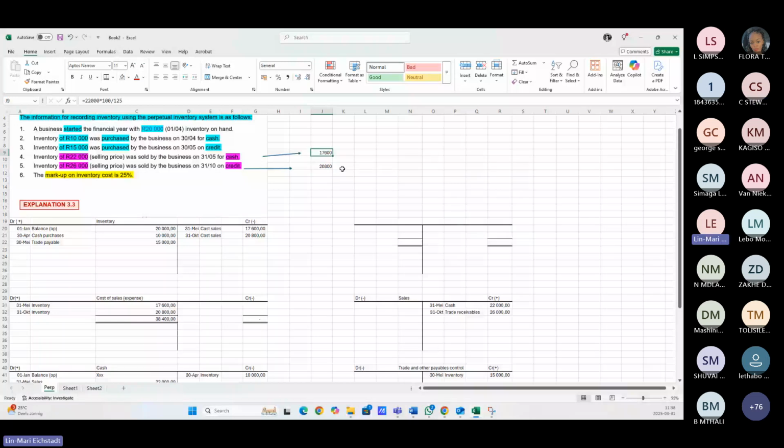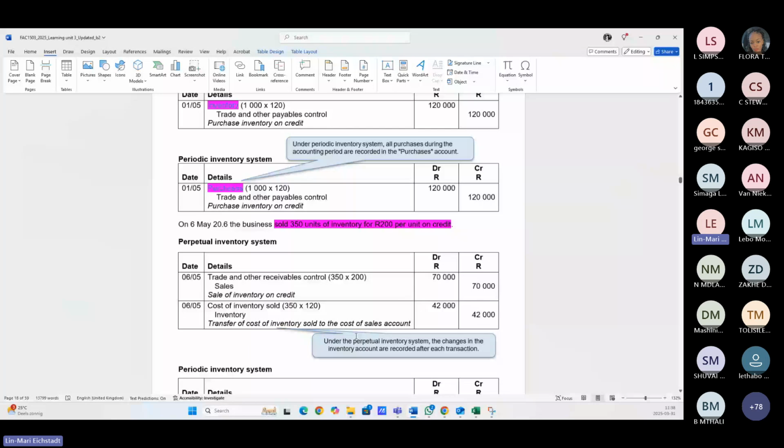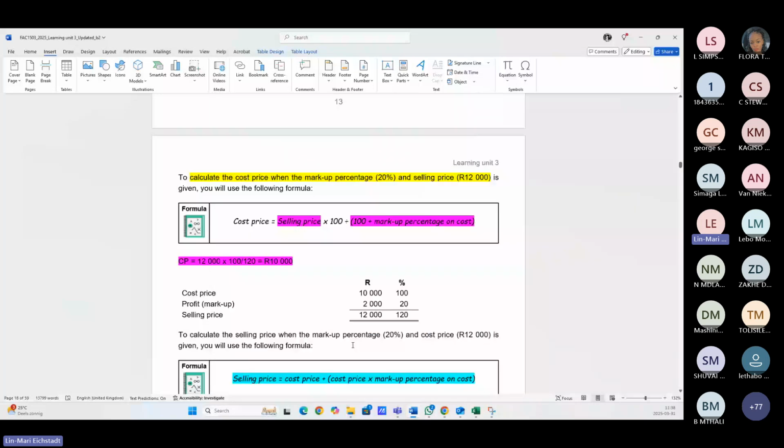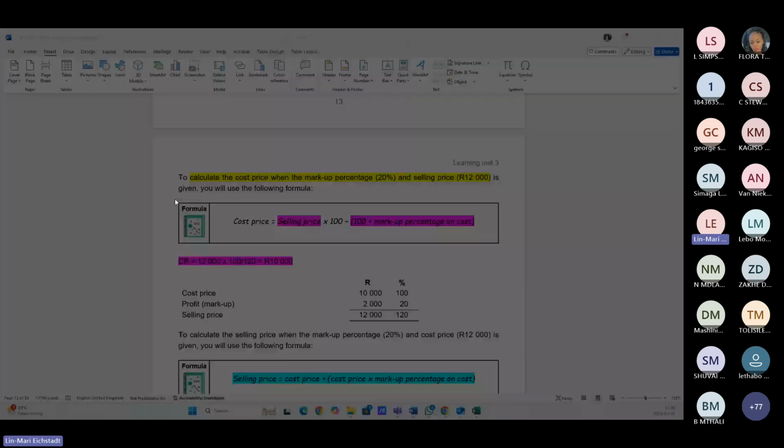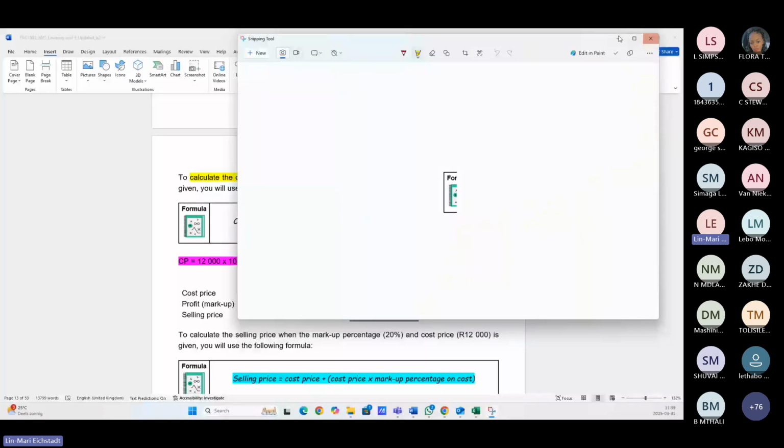Okay, so it's the same formula, right? If we also look at the study guide, we'll see our formula for cost of sales. You want cost of sales, but they're giving you the selling price in this instance. Let me just add both of these formulas to make it a little bit better.